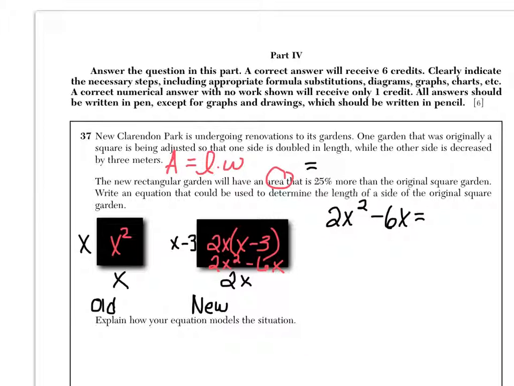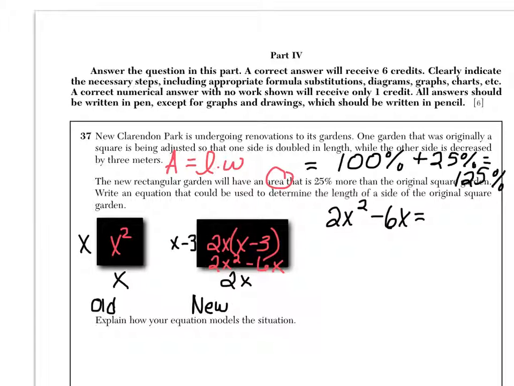Well, let's relate this back to our exponential unit when we were talking about exponential growth and decay. If the area stayed the same, it would stay 100% of the original area. But in this case, it's actually increasing by 25%.